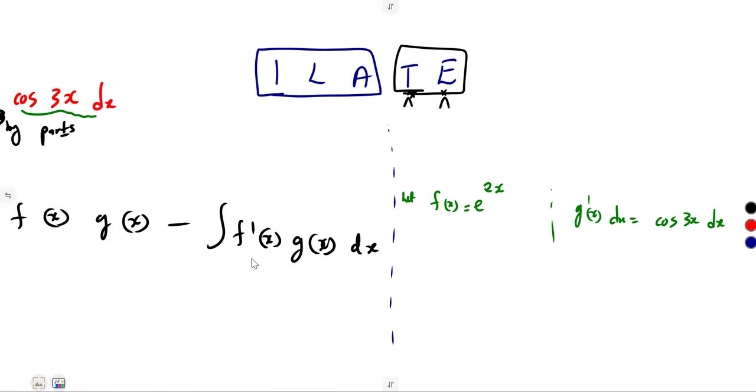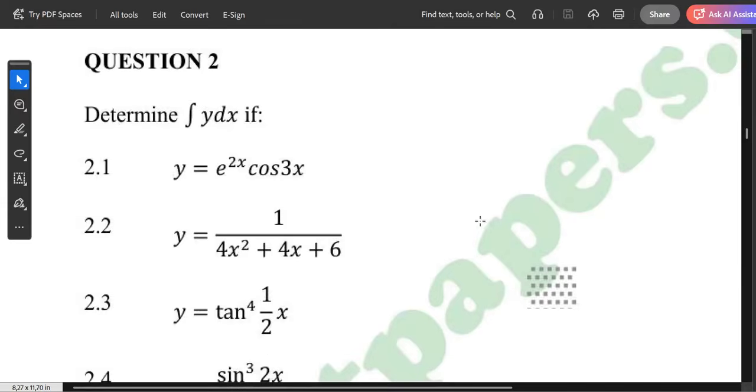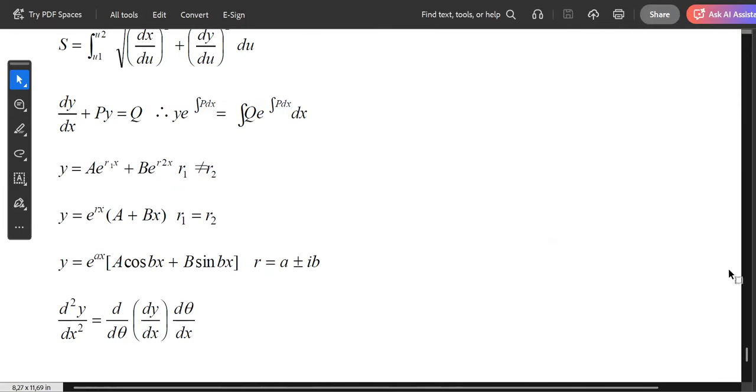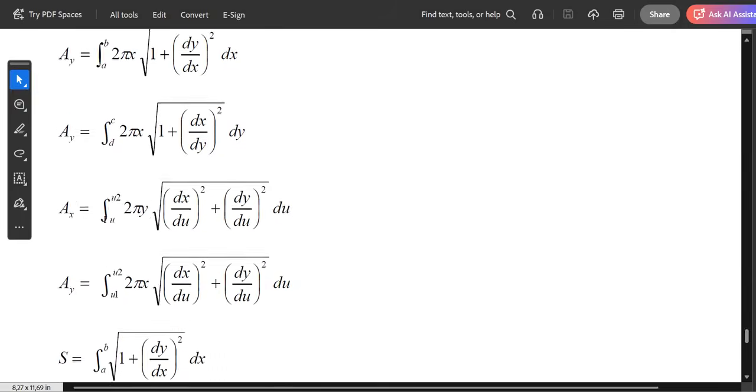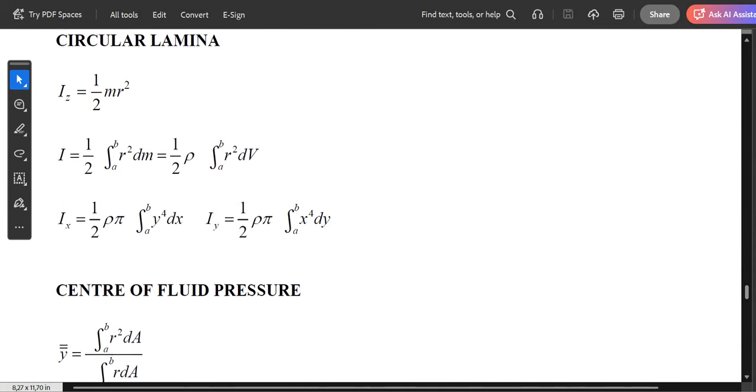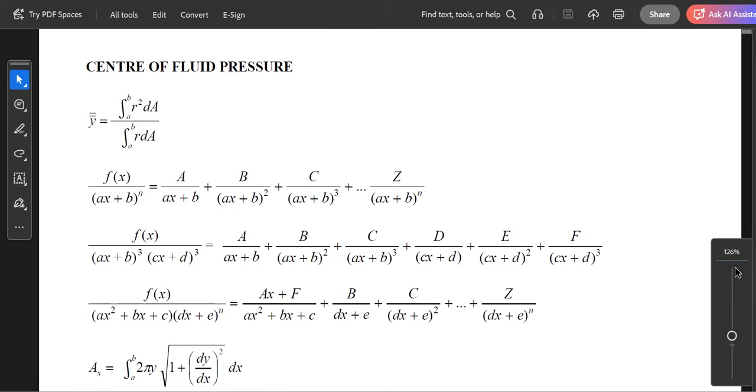From f of x, we need its derivative. So let us differentiate our f of x, considering that we are dealing with e. Okay, let's go to our formula sheet. So here I just had to focus on a single part of our question. Sorry for that, I needed the formula sheet. So here we're going to need, I think, page 2.